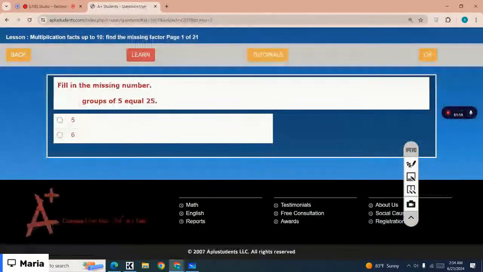Missing number. How many groups of 5 equal 25? Which is the correct option?